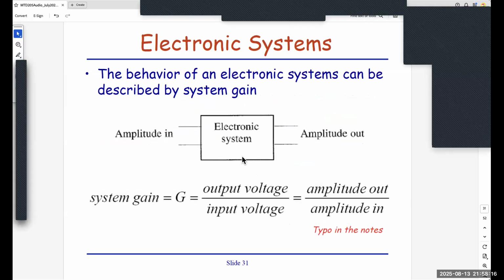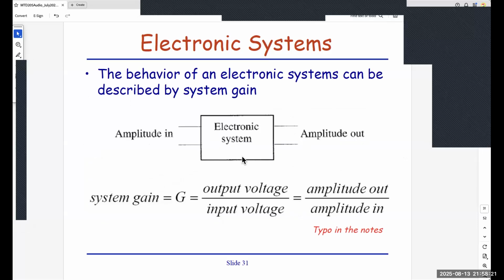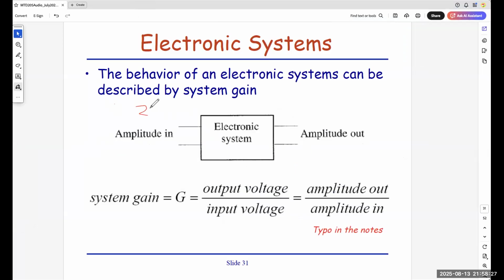Okay, and of course, another concept that I want to introduce before we end is the gain of the system. Just now I mentioned that I want to amplify: 2 volt comes in, the output may be 10 volt. So it should amplify 5 times. This is the gain of the system, because 2 times 5 gives me 10.